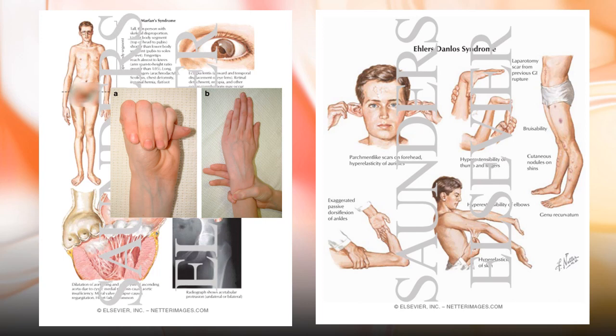The joints and ligaments are also lax, leading to hyperextension of joints, deformities of fingers, spine, dilatation of blood vessels, and aneurysmal formation of aorta and varicosities.